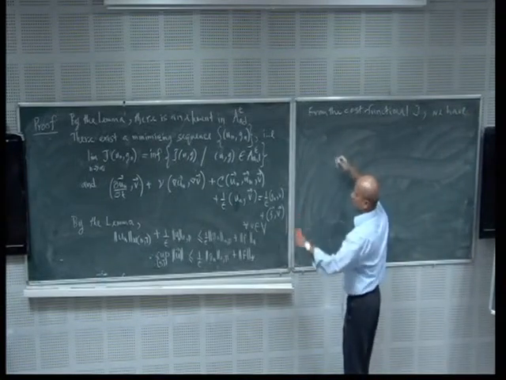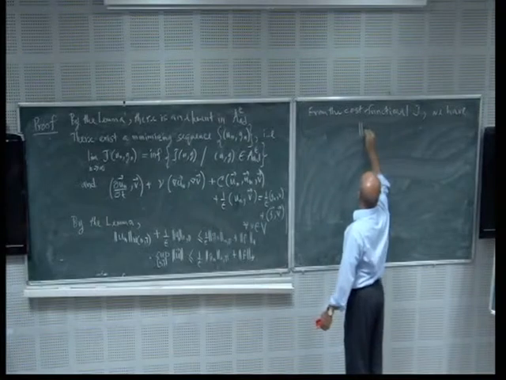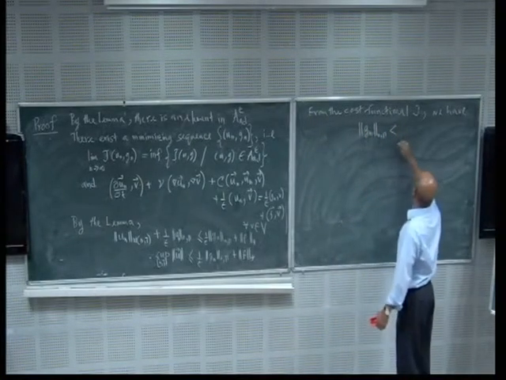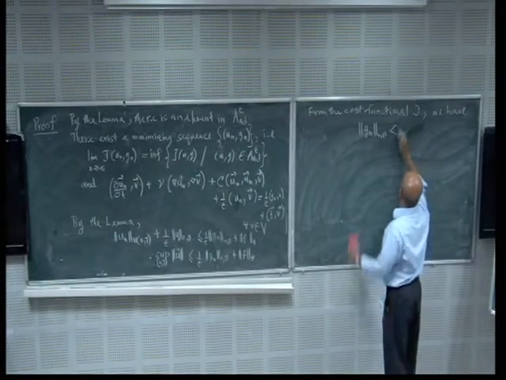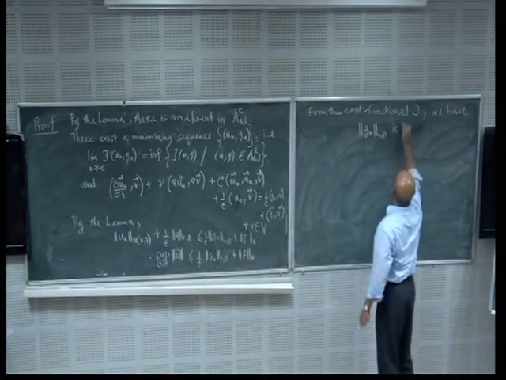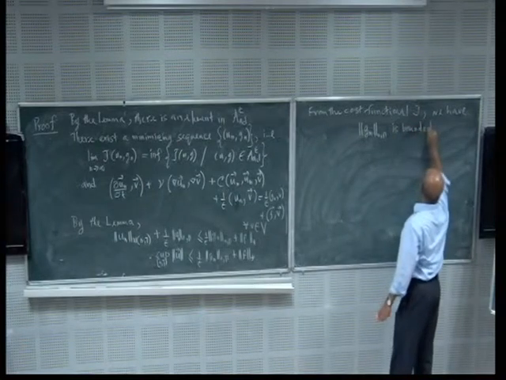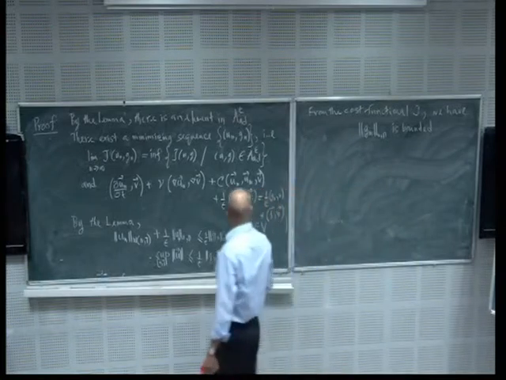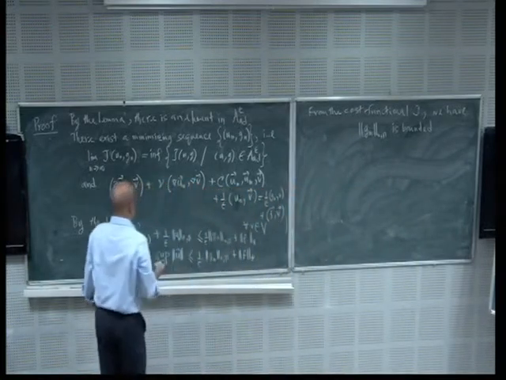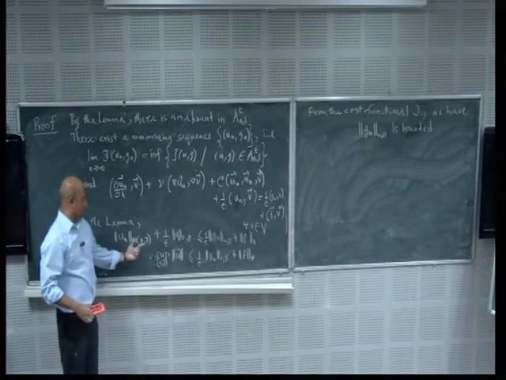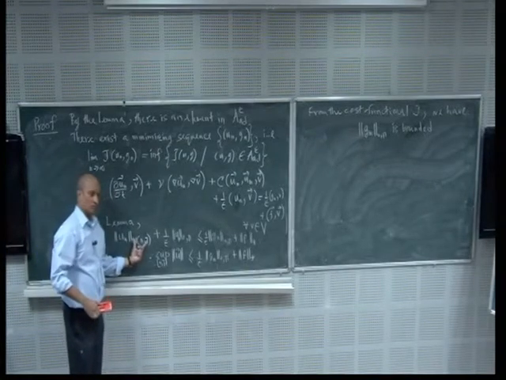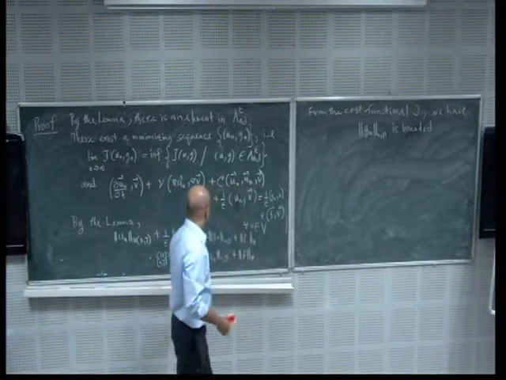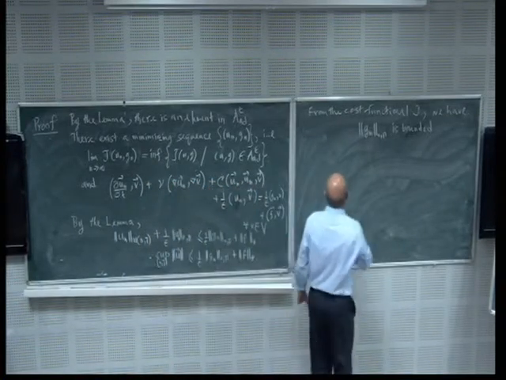The cost functional has an L2 norm of g, so this is bounded. Therefore un is bounded with respect to this norm, because the cost functional gives us a bound for this. So I can extract a subsequence.